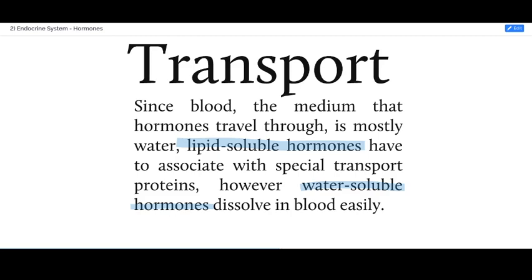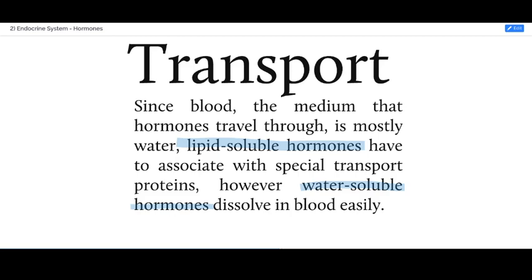Now, water-soluble hormones, being water-soluble, are going to dissolve in the blood just fine. The lipid-soluble hormones, however, have to associate with special proteins that can help them dissolve into the water of the plasma. Now, for a lot of lipid-soluble hormones, they use a plasma protein called albumin.